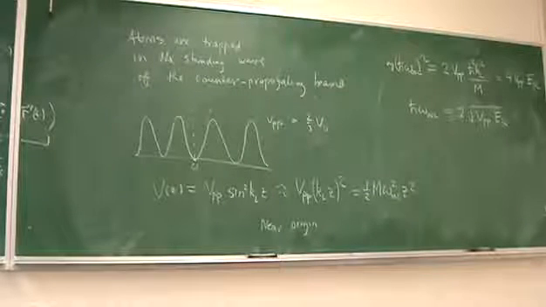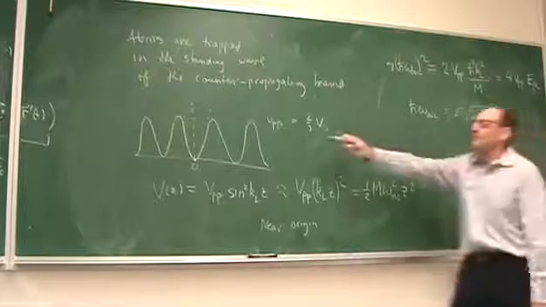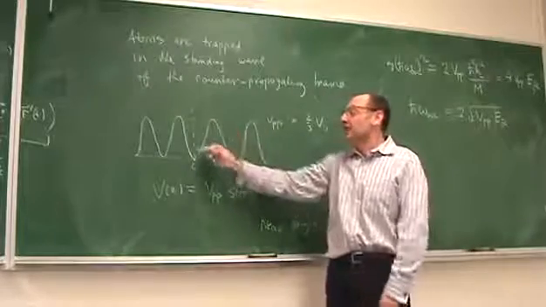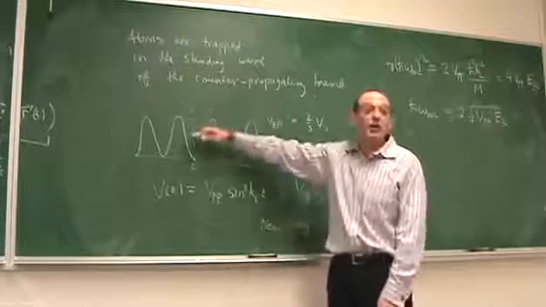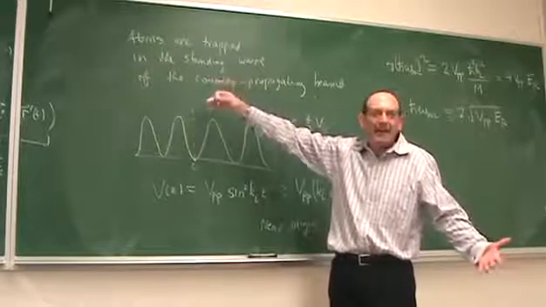So if this is going to be harmonic, firstly, it better be the case that the peak-to-peak depth is huge, or big enough compared to h bar omega, because otherwise the zero-point energy starts to make this thing anharmonic.